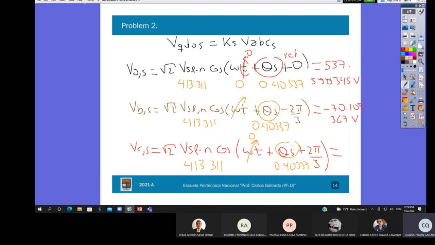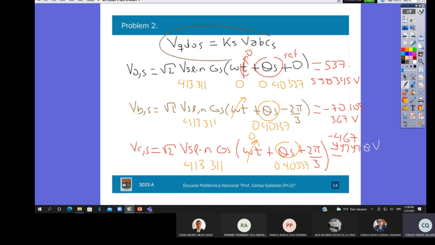And finally, for phasor C, I will have negative 467.492978 volts. So I will have the three phasors.